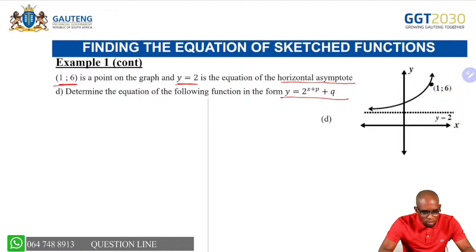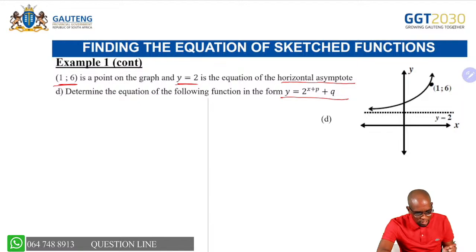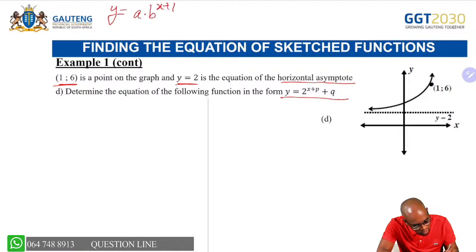Determine the equation of the function in the form y = 2^(x + p) + q. Now, when you look at this, you know that in the general form, y = a·b^(x + p) + q.